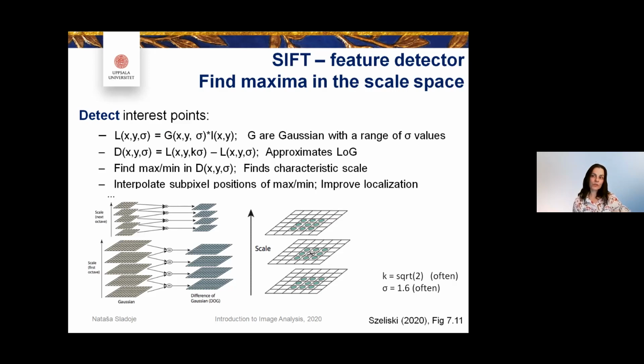These are stacks of images in our scale space, where smoothing is done so that we use a certain value of sigma, and then k times that sigma, k squared times that sigma, and so on. In the next octave, we start with 2 sigma, and then we use k times 2 sigma, and we continue with k squared, and so on.